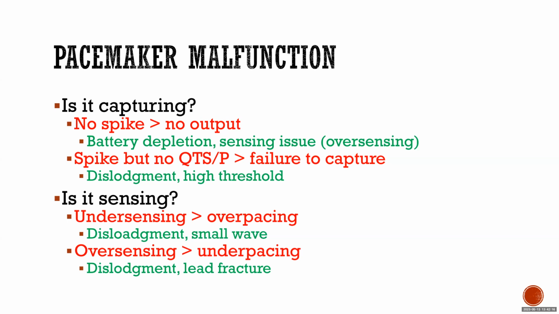It will try to pace, but because it's not attached to the myocardium, it will not capture. Or high threshold, from the causes we mentioned earlier. For example, someone with potassium 9: the myocytes are not going to respond to the pacing in the lead. The device is trying with the lead in the same place, but the myocyte is abnormal, so it's not going to capture.